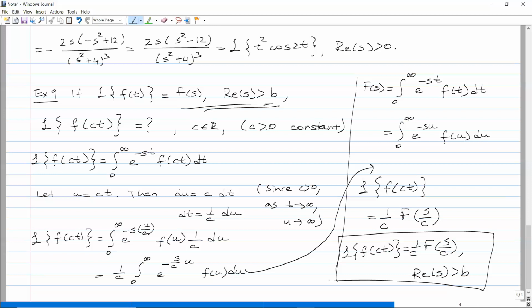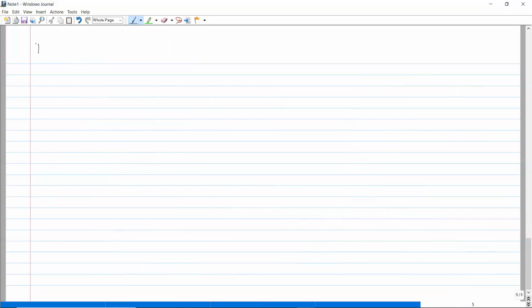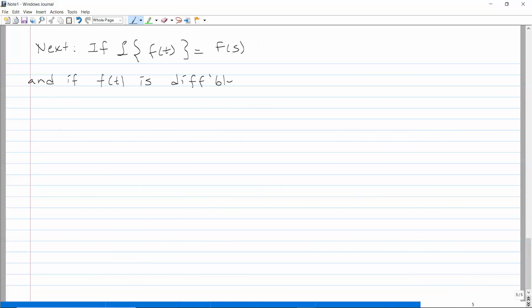So next, if the Laplace transform of the function f is capital F of s, and if f of t is differentiable, what is the Laplace transform of the derivative of f?